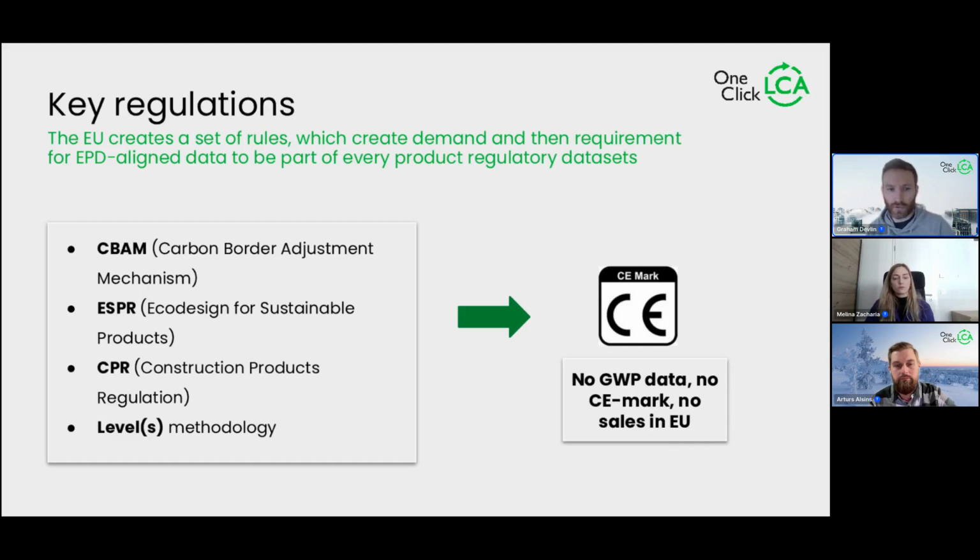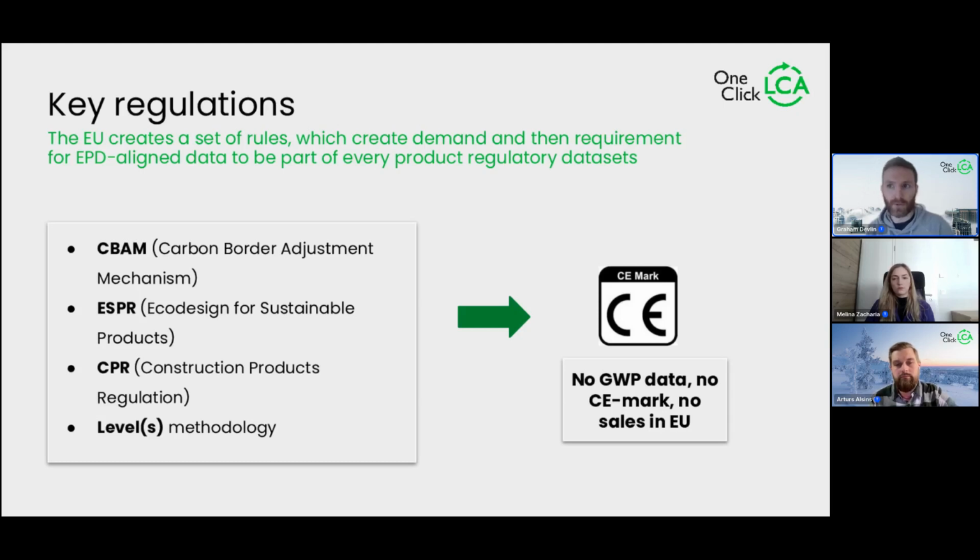But those main construction materials, when Arthur described earlier how many gigatons of CO2 the industry is responsible for, cement, iron and steel, and aluminium are in the top three. So it makes sense to focus on those. That's where we're going to see the need for this kind of data.